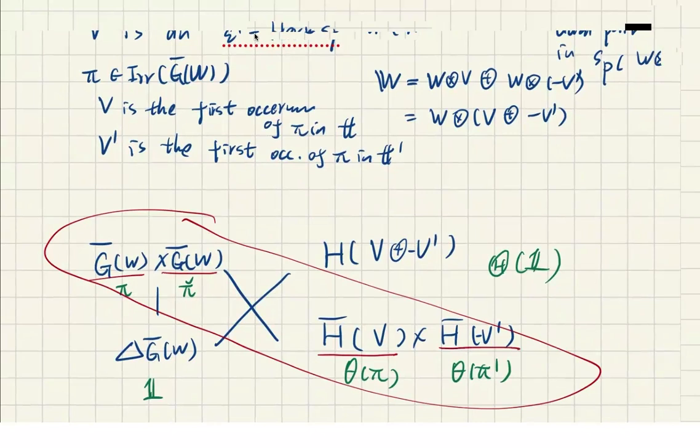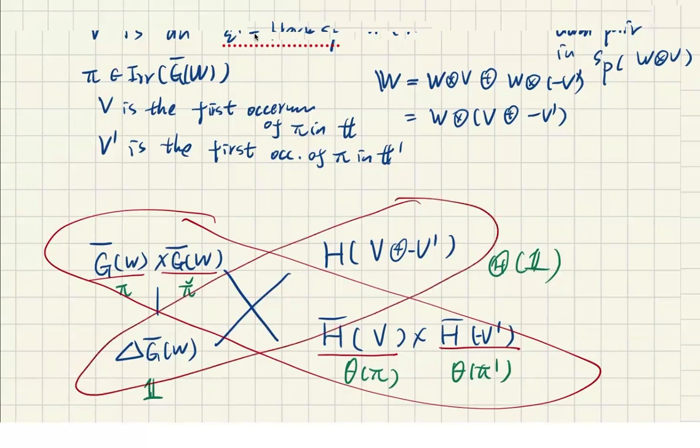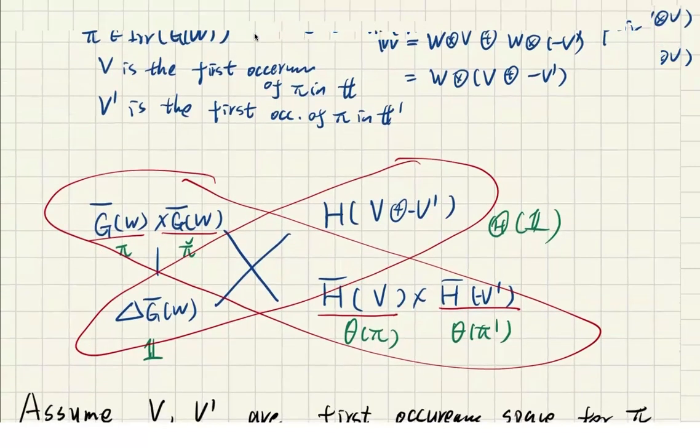So when you put a minus, it will give you a dual representation, actually. Okay, a conjugate representation. We also consider another dual pair, which is the diagonal subgroup of G W cross G W and the H of V plus minus V prime. Okay, we consider these two dual pairs.